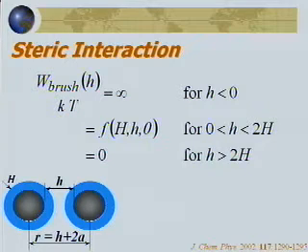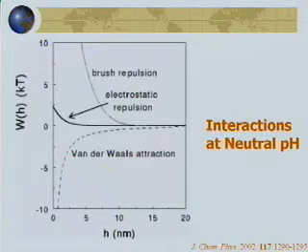So far we know the van der Waals forces, the electrostatic interaction and steric interaction. And the authors calculated these three forces and expressed them here. As you can see, brush repulsion, which results in steric interaction, is a repulsive force.